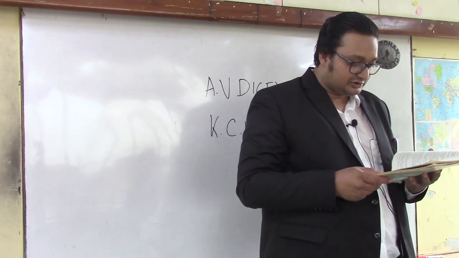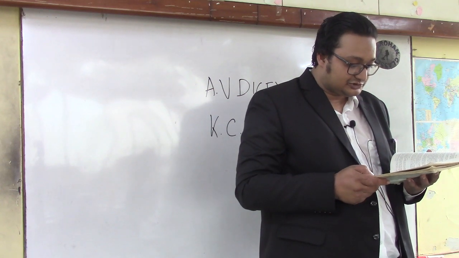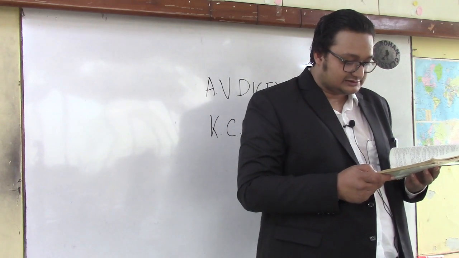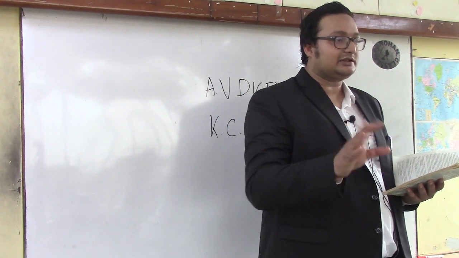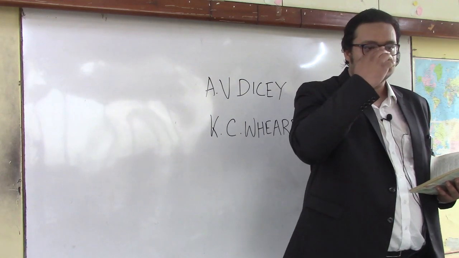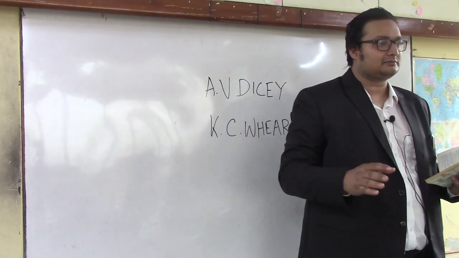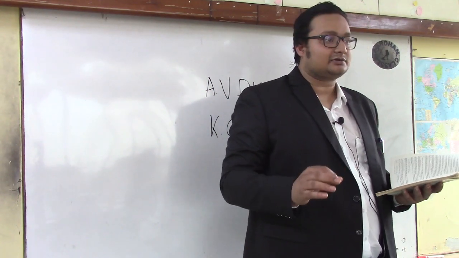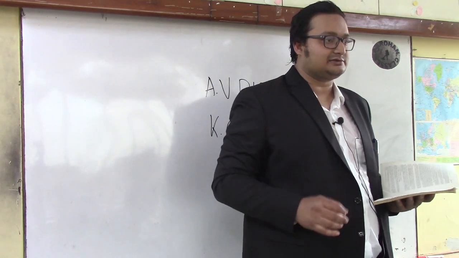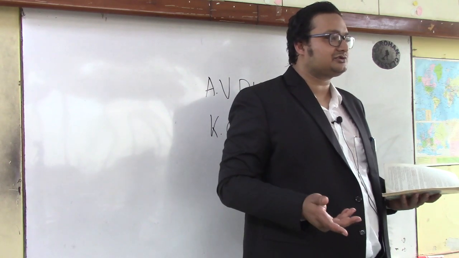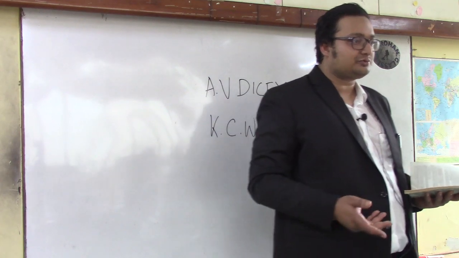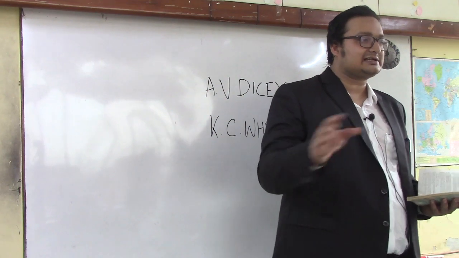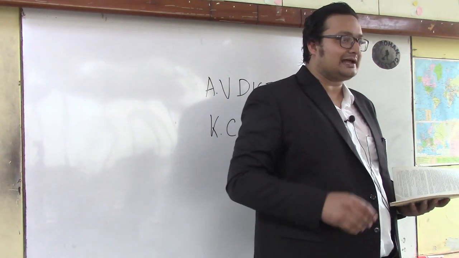If the president, on receipt of report from the governor of a state or otherwise, is satisfied that a situation has arisen, okay, all that is mentioned over here, if we talk about the positivist way of thinking, treat the law as it is, the president can act on the receipt of the governor or otherwise. On the receipt of the governor is quite clear. The governor is supposed to be the representative head of the center at the state level. So if he suggests that a situation has arisen, the president will act accordingly.